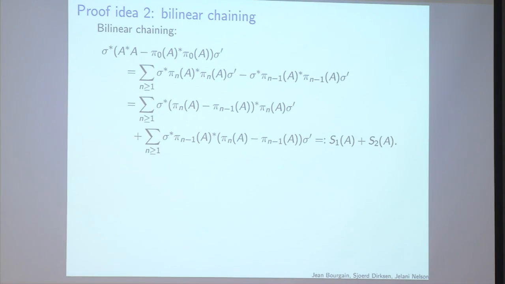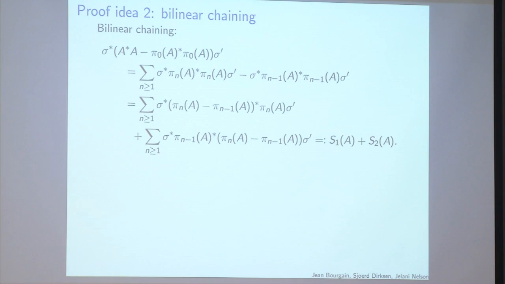You take an admissible sequence for this set of matrices, and these pi n of A, you can view them as the approximants of A at the n-th level. So pi n of A is in T n, the n-th element of the admissible sequence that you choose.